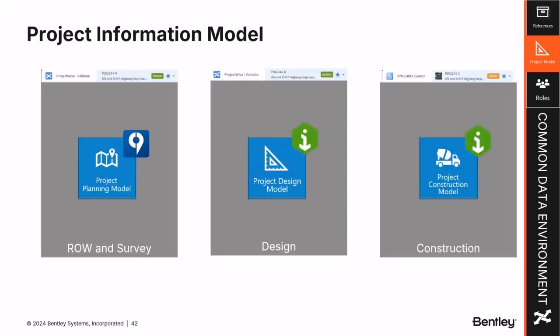For our project, we have a project information model that's presented in 3 ways, and I've discussed this before. But one's going to show the parcel maps. The next is for design review during the design phase, and the last one is for construction review and scheduling. And at the end of the project, the asset information needed for the stakeholder will be presented as a final project information model.